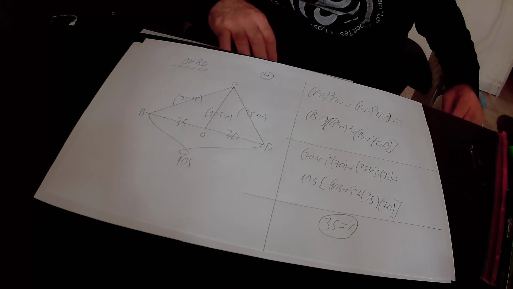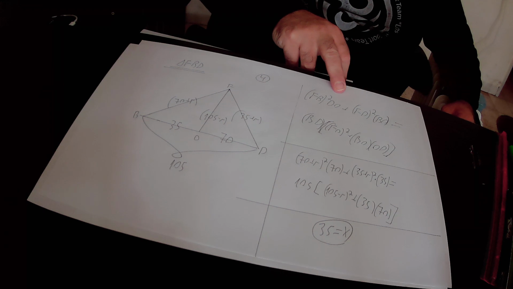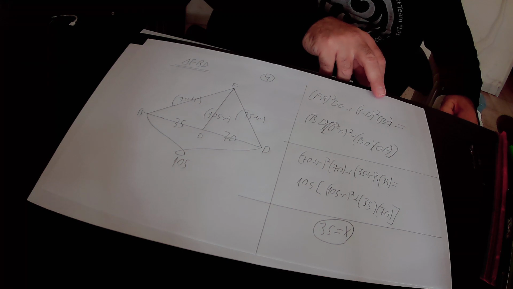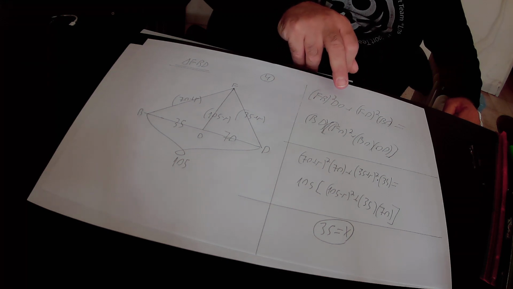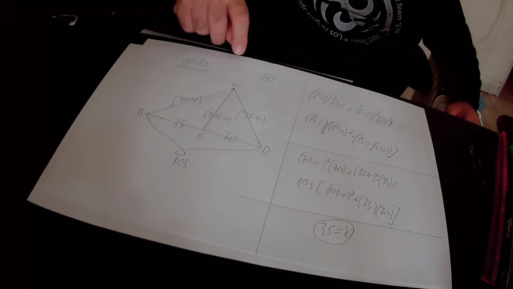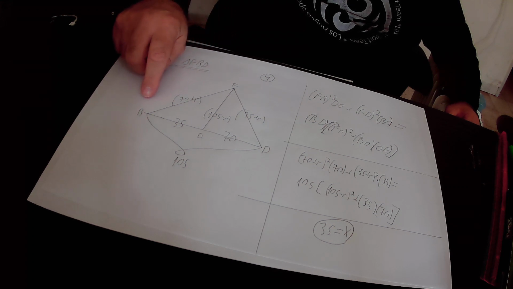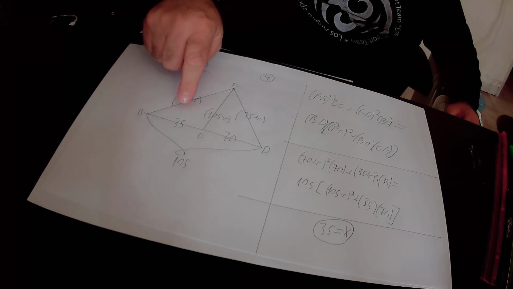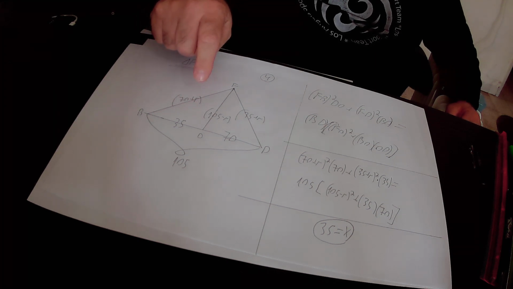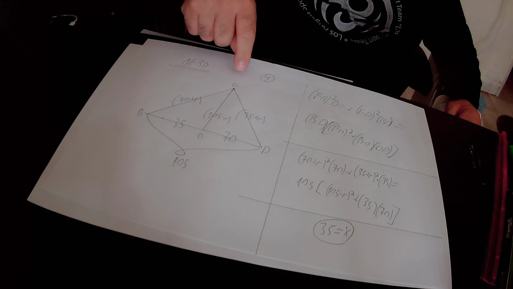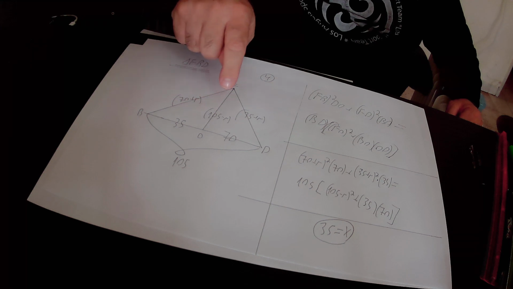According to Stewart's theorem, FB squared times OD plus FD squared times OB equals BD times, inside the brackets, FO squared plus BO times OD.